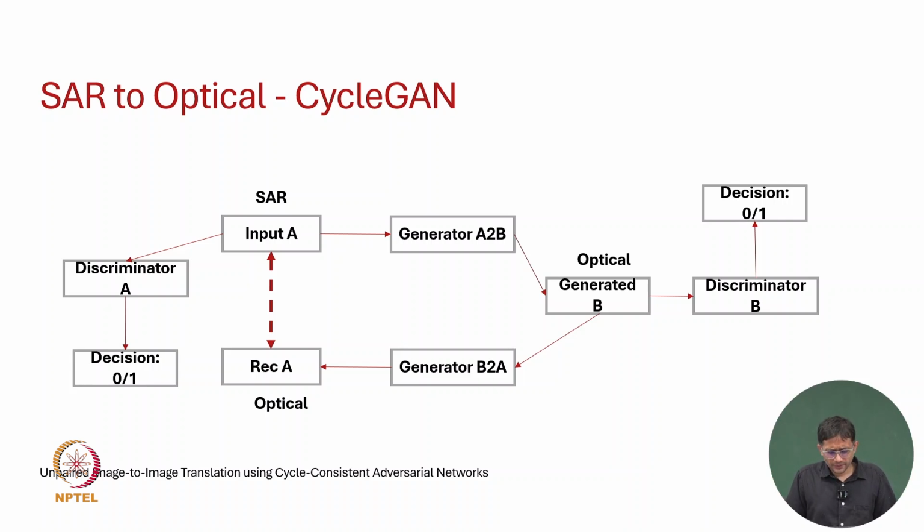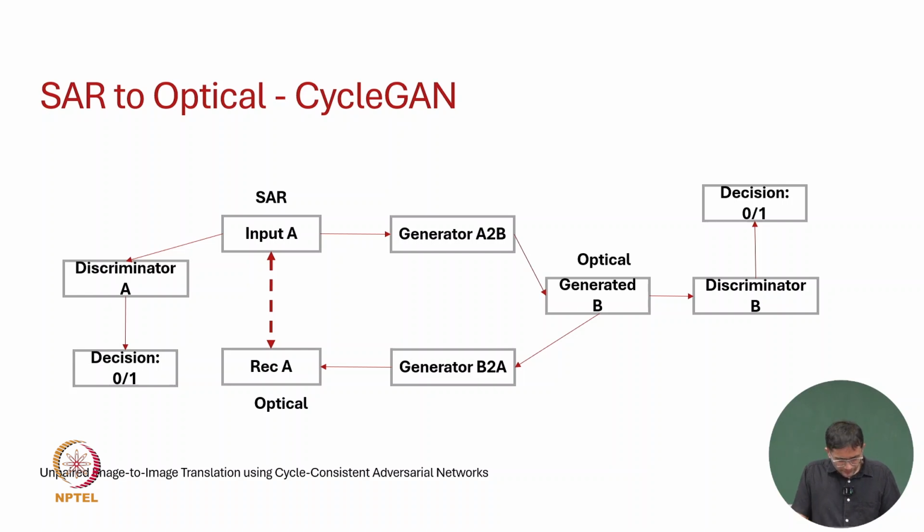And we have talked previously about which loss functions we'll be using in this context. Now, in this case, we can train such that our input A domain is SAR images and our B domain is optical images.